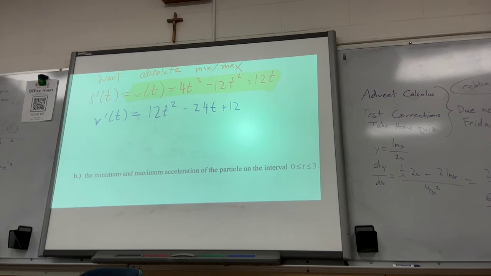I'm going to factor this. Is that factorable?